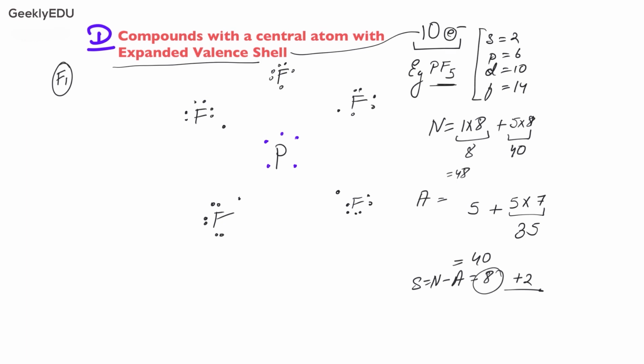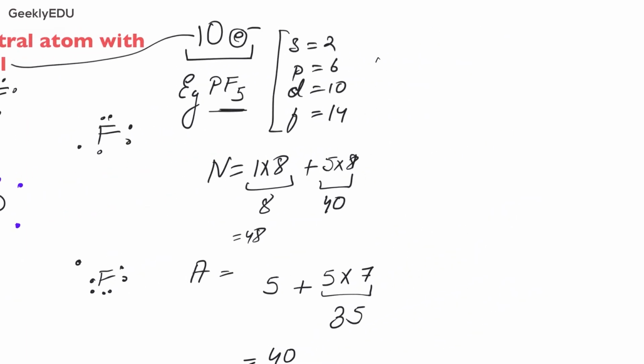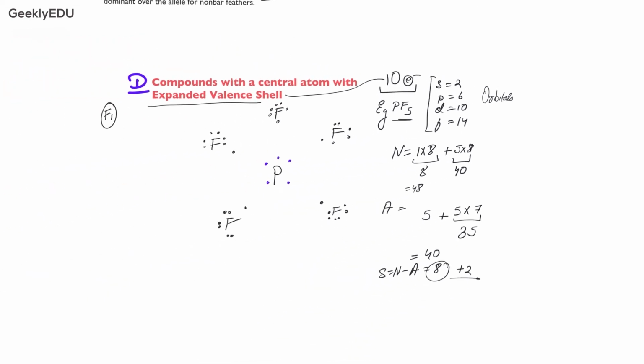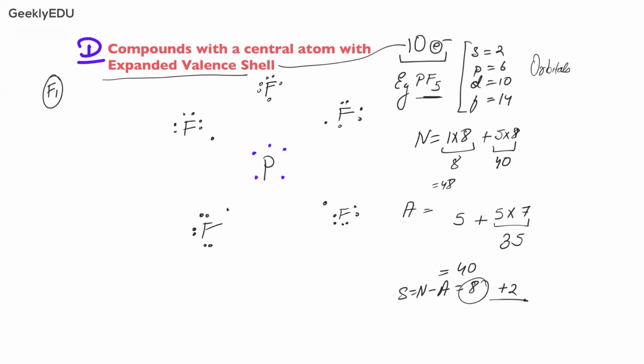What are S, P, D, F? They are orbitals, right? Okay, so as it happens, phosphorus does have d orbitals. So that is why it can accommodate, and that is why such a valence shell exists. I hope this makes sense.